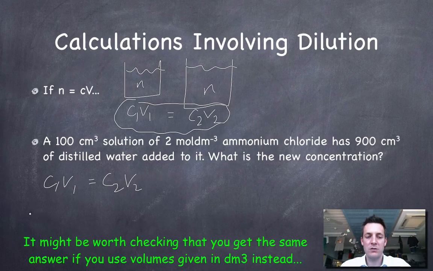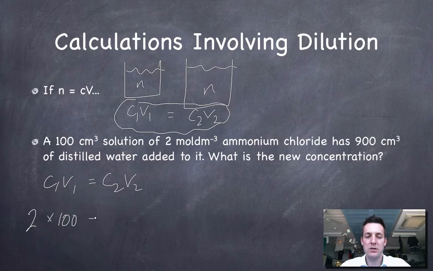So here I'm going to go for 2 as my concentration, multiplied by 100 centimeters cubed is equal to, I'm asked to find the new concentration, that's C2, multiplied by V2, which remember is not this, but it's the sum of the two, so that's going to be 1,000 centimeters cubed.